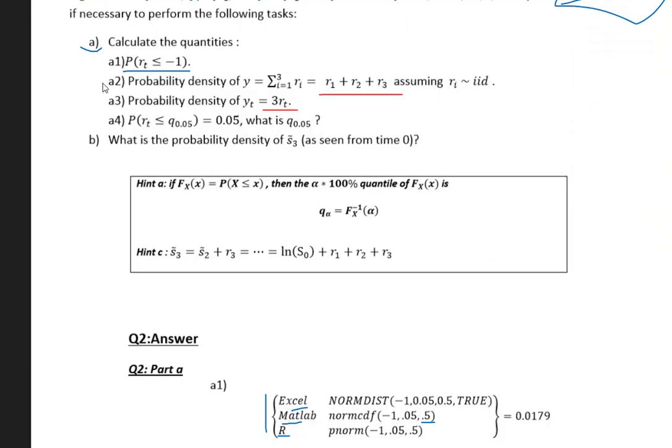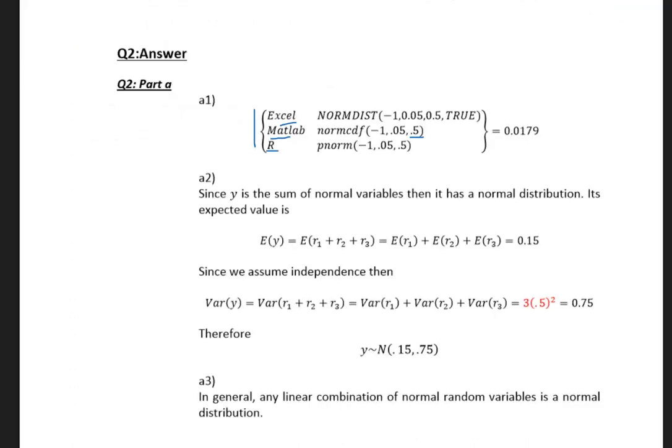So let's get down to the next part. These two parts are actually of the same nature. That is, you need to know this property of normal distribution, that a linear combination of normal variables will be a normal random variable. So let's get down to the solution manual. In this part, we are asked to find the distribution of the sum of these three random variables.